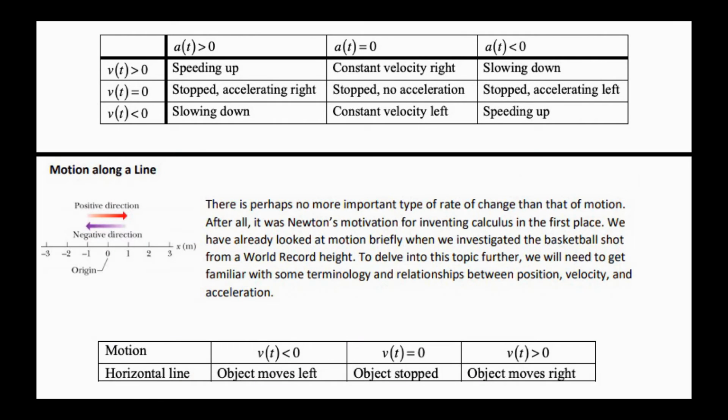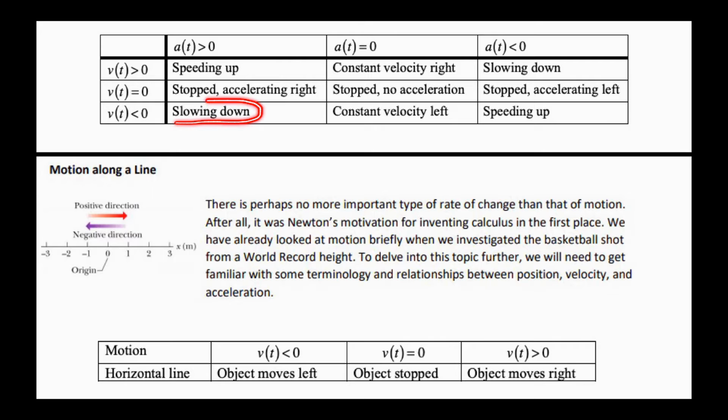Find where speed is decreasing, right? Speed was increasing with positive velocity and positive acceleration. Speed was increasing with negative velocity and negative acceleration, right? That's not what we're looking for here. Now we're looking for speed decreasing, which is slowing down.